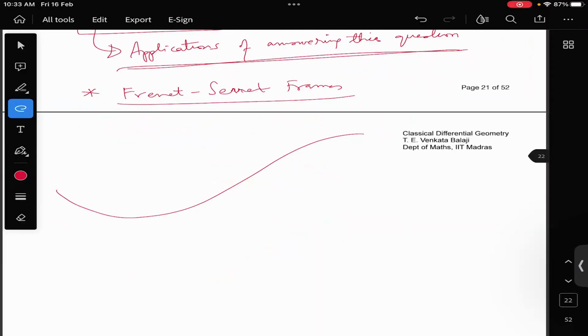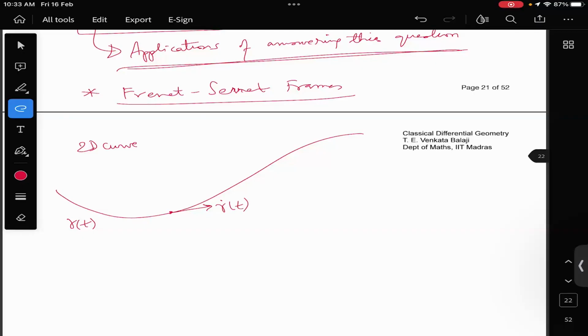So there are fixed frames of reference and moving frames of reference, and you can understand that the movement of the frame encapsulates the movement of the curve itself. What does it mean? For example, if you have a 2D curve and suppose you write it as gamma(t), then at every point there is a very nice frame. There is this gamma dot, which is the tangent direction.